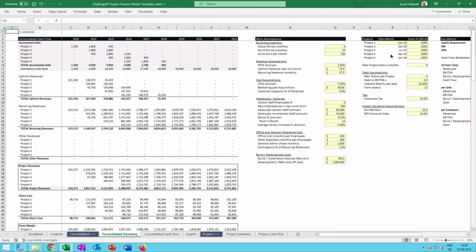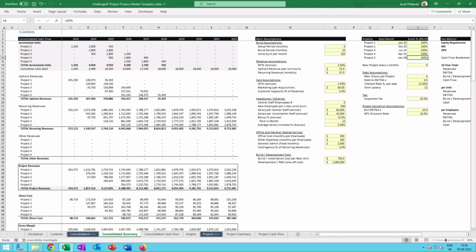And then I also added an ability where you can scale some of the projects. So for example, you can create one generic project, and then use that project to multiply it across a different timeline, and you can also apply some scaling.